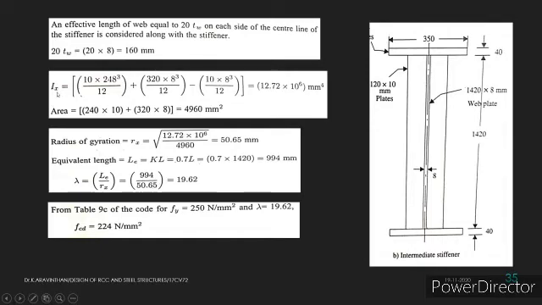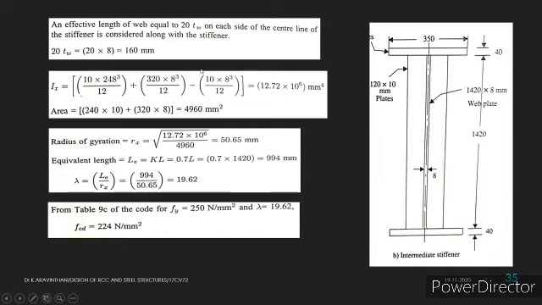Also, in order to find moment of inertia at x, you can add the overall width, that is 120 plus 120 is 240 plus this 8, that is 248 cube, db cube divided by 12, minus this 8 mm, that is d is 10, b is 8 cube divided by 12.